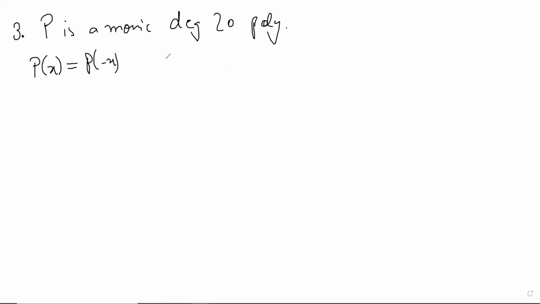Okay, so this is given. This says that it will only have even powers, but let's see the question. And then we also have this thing, P of k equal to k squared, and then you want to find a limit. Okay, so this is, anyways, I won't say.